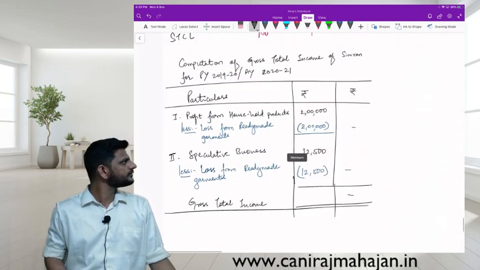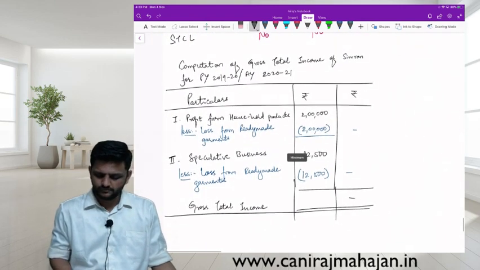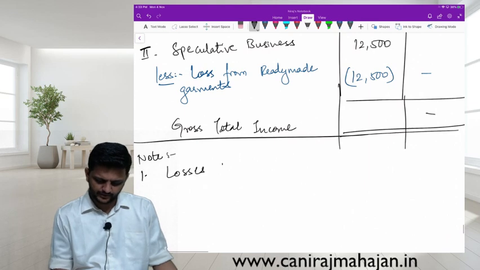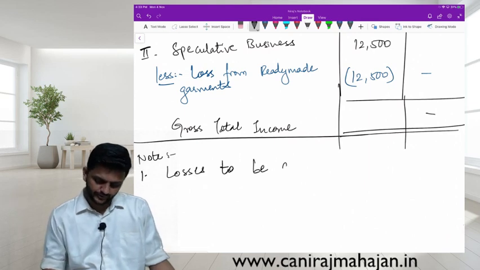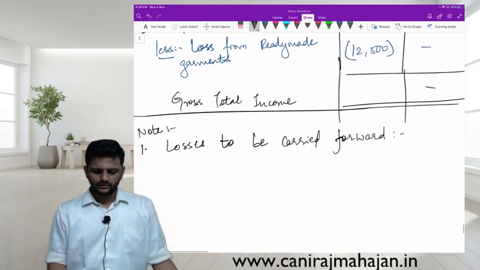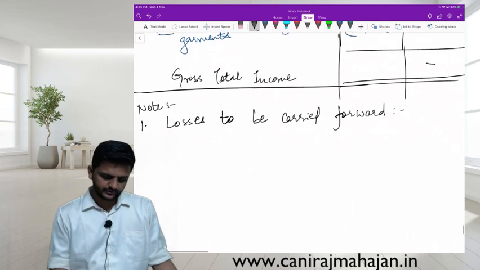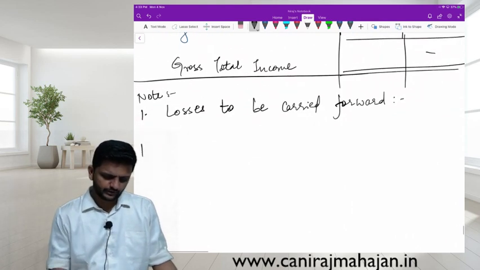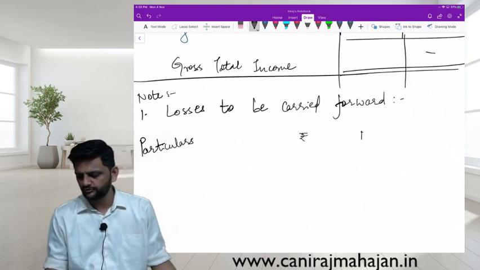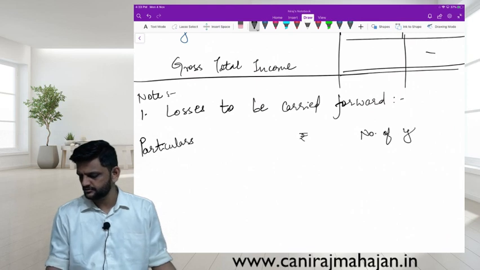Fine. Note number 1. Losses to be carried forward. Particulars, rupees and number of years.